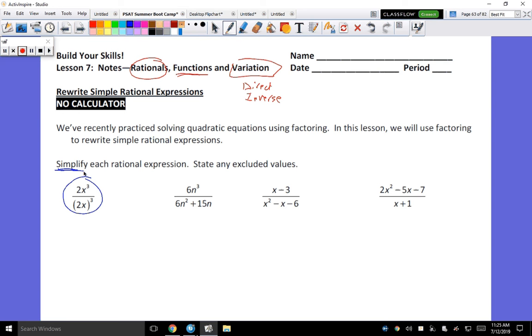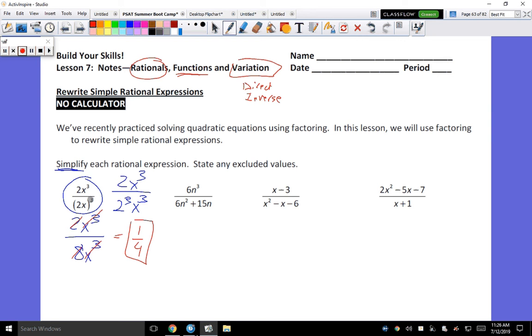I would probably, just to be 100% sure, distribute that 3 so that I had 2 cubed x cubed and then 2x cubed, which would make this 8x cubed and then 2x cubed, and that's much easier to see what cancels and reduces to forms of 1. Okay, so these, would you agree, reduce to a form of 1? And what does this reduce to? 1/4. So all of that is 1/4.